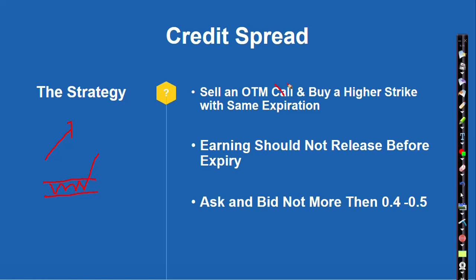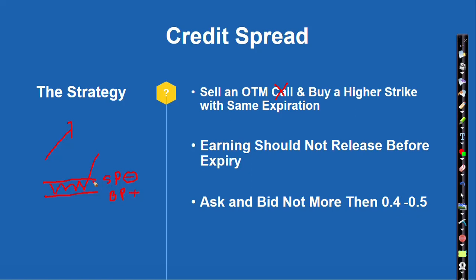Let's say we are bullish, so we will sell a put, and we will buy a put. That is the positive.